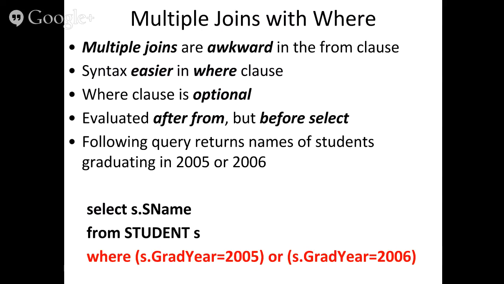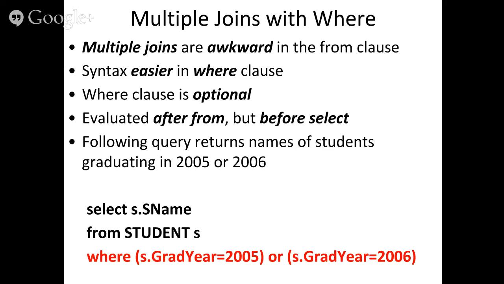So we had said earlier that in the join, multiple joins multiply records. So the where clause is evaluated after the from.